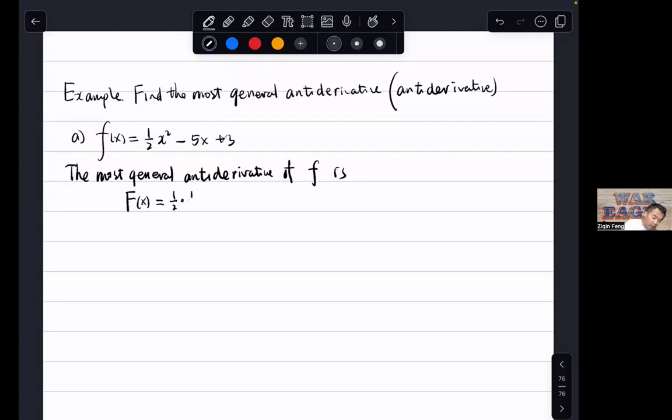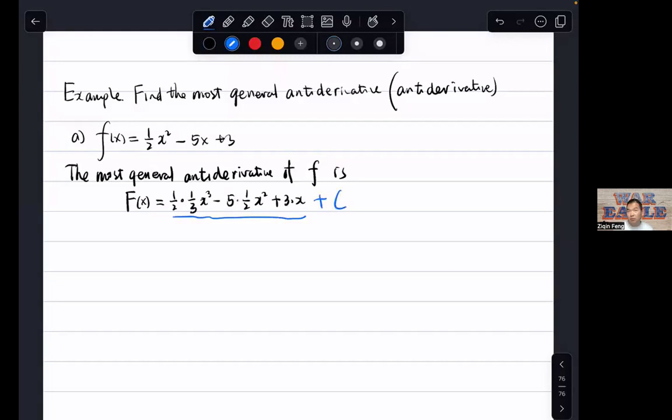So this is 1/2 times 1/3 x cubed, minus 5 times 1/2 x squared, plus 3 times x, since the derivative of 3x is 3. In the end, plus a constant. So this is a particular antiderivative, then plus c gives you the most general antiderivative.